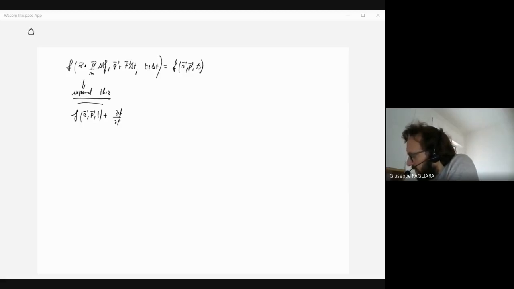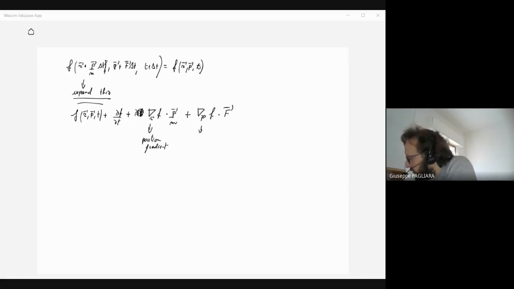This is the total derivative, plus the derivative of f, well, actually this is a gradient of f with respect to the variable r, so position gradient, scalar p over m, okay, plus then I have a gradient with respect to the momentum of f scalar f.